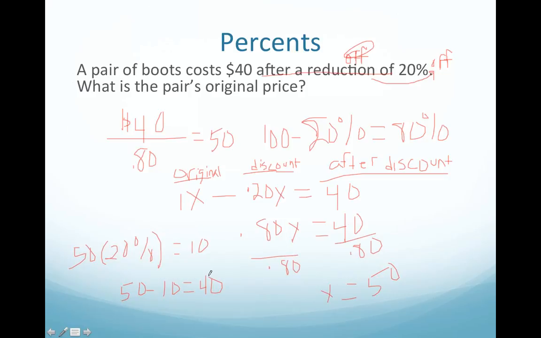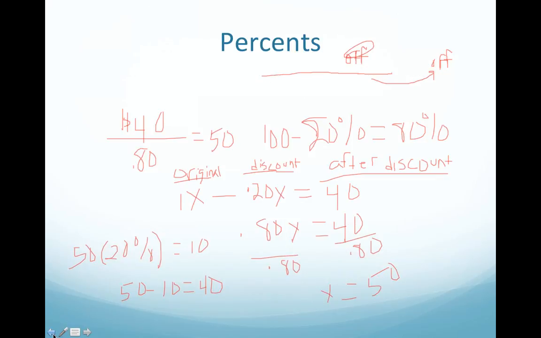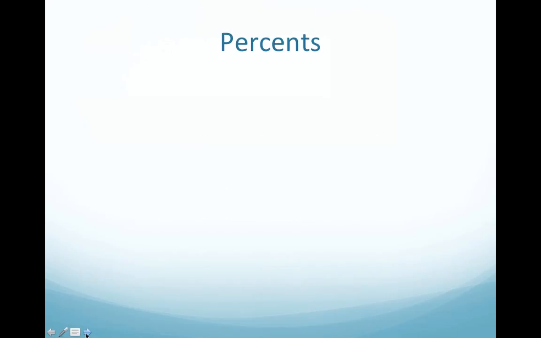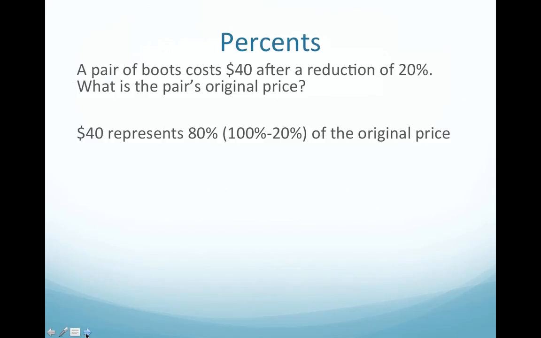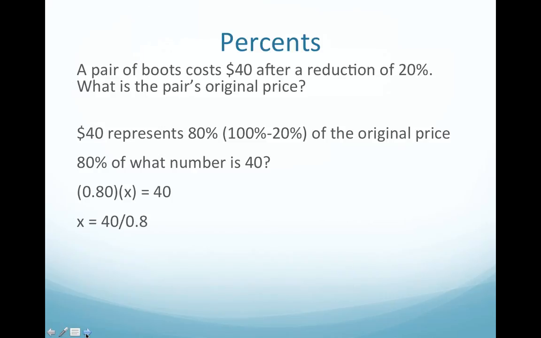Okay, so we'll look at how the system did this. And so it's a price of $50. Now remember, there's a difference between off and of problems.